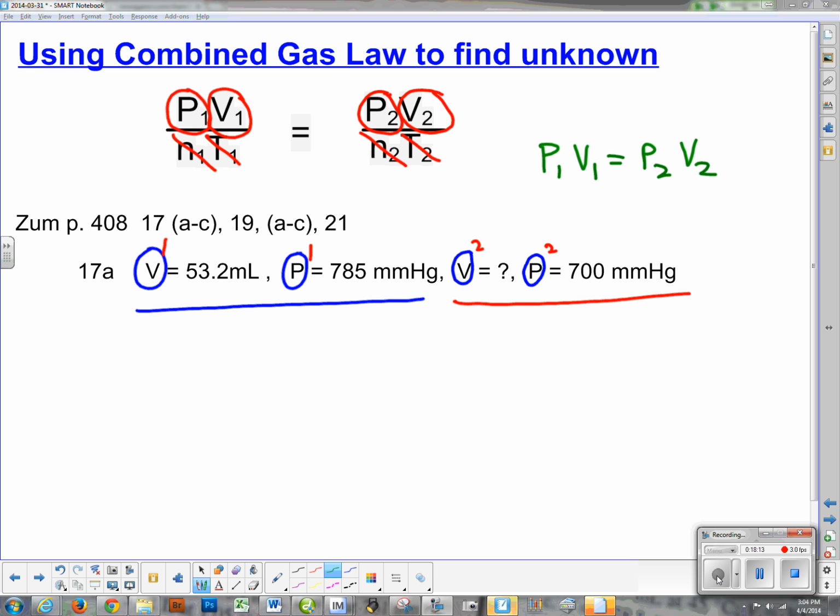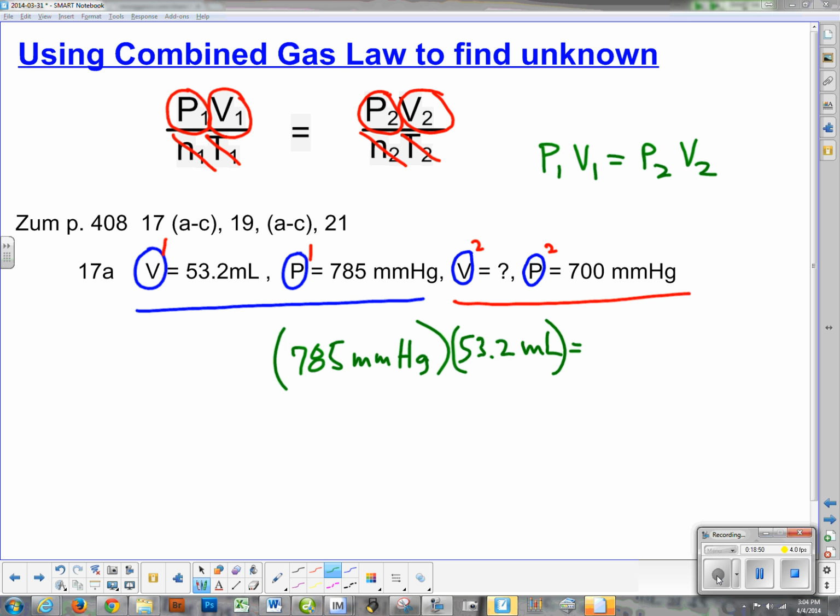Okay, so P1 is 785 millimeters of mercury, and V1 is 53.2 milliliters. Okay, that's a unit of volume, and that is equal to, V2 is our unknown, isn't it?